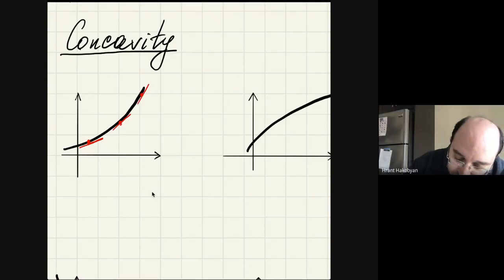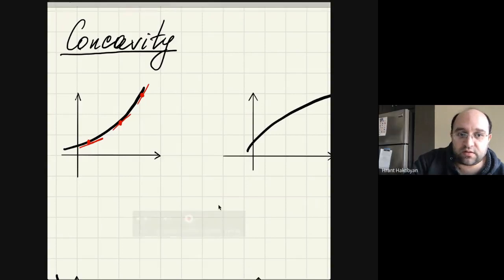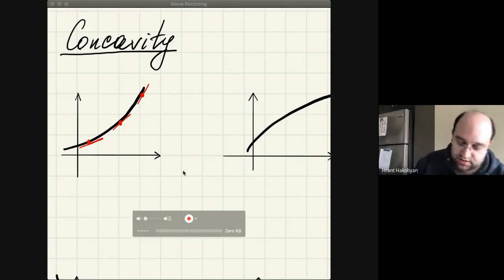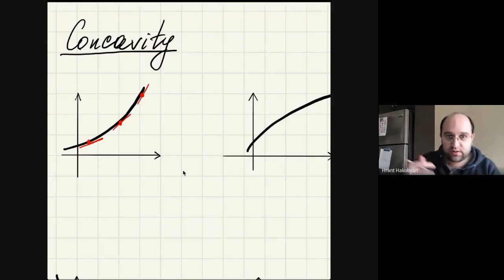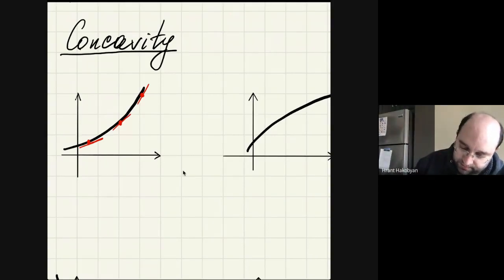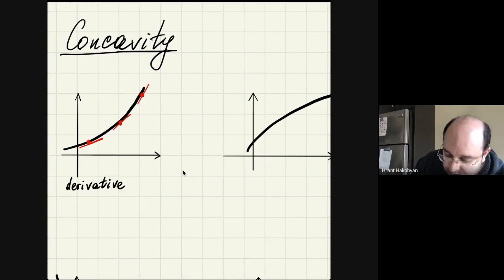So what does this tell me about this function? This is saying that the rate at which the function is increasing is getting bigger and bigger. So I will just write it down: the derivative is getting bigger.